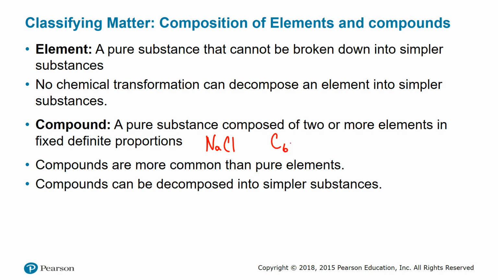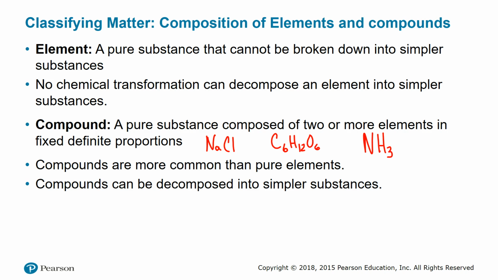Glucose is always C6H12O6. Ammonia is always NH3. So in those relationships like that, water is always H2O.